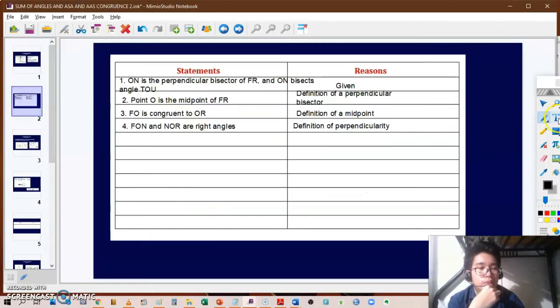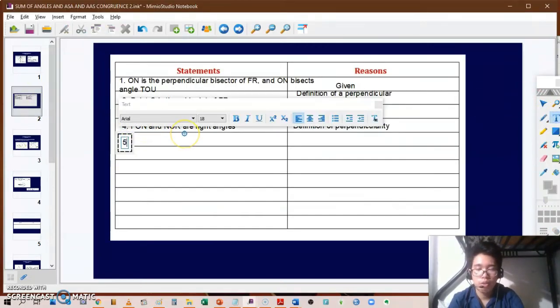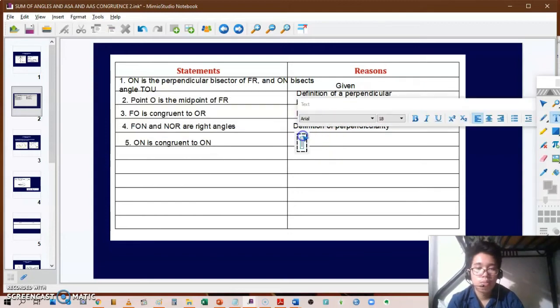Line segment ON is congruent to line segment ON, and that's simply the reflexive property of congruence.